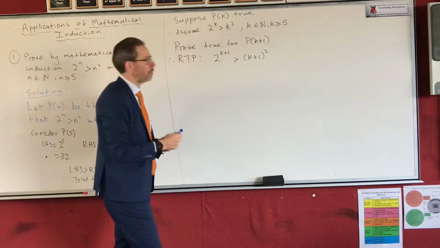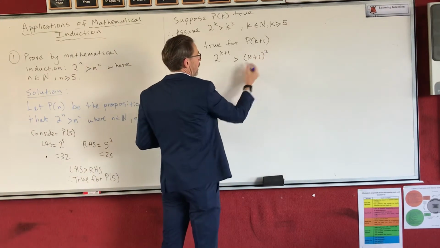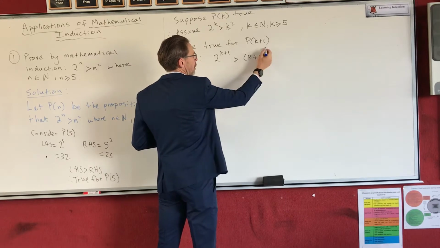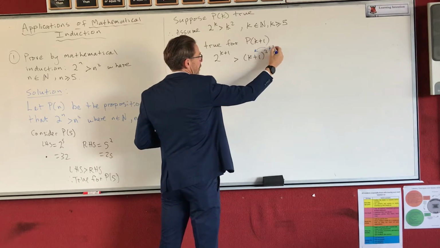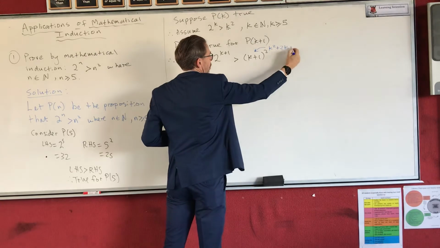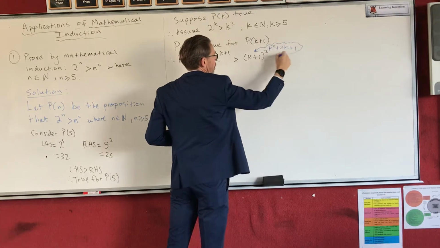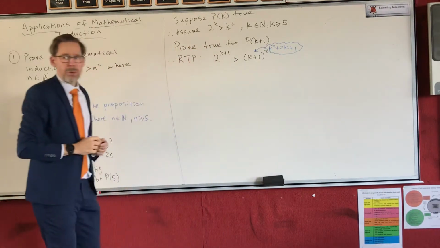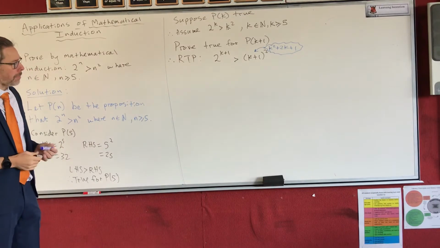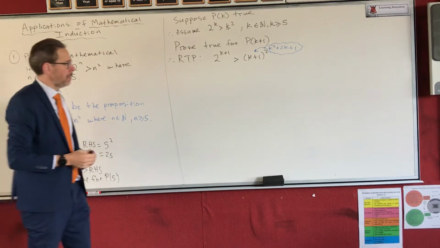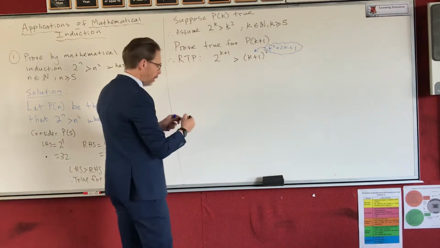Now, it will be helpful to be aware that you could also consider that as k squared plus 2k plus 1. Okay, that might be helpful later in the question. So we'll start off with the left hand side.